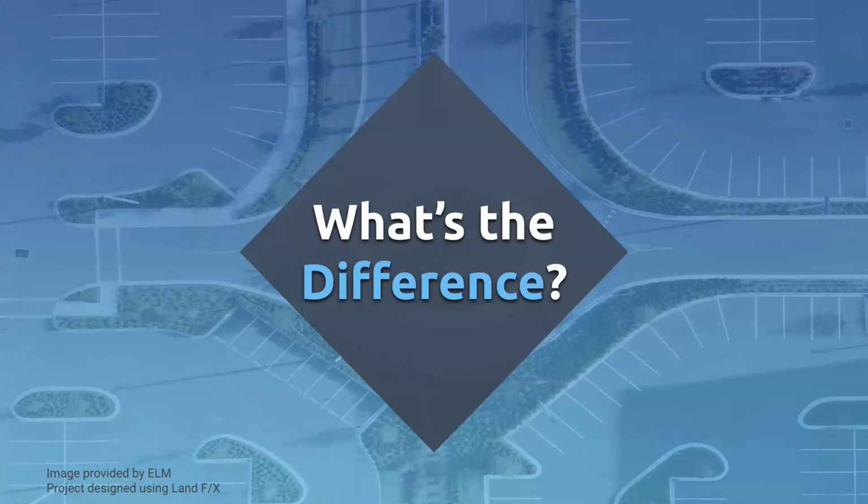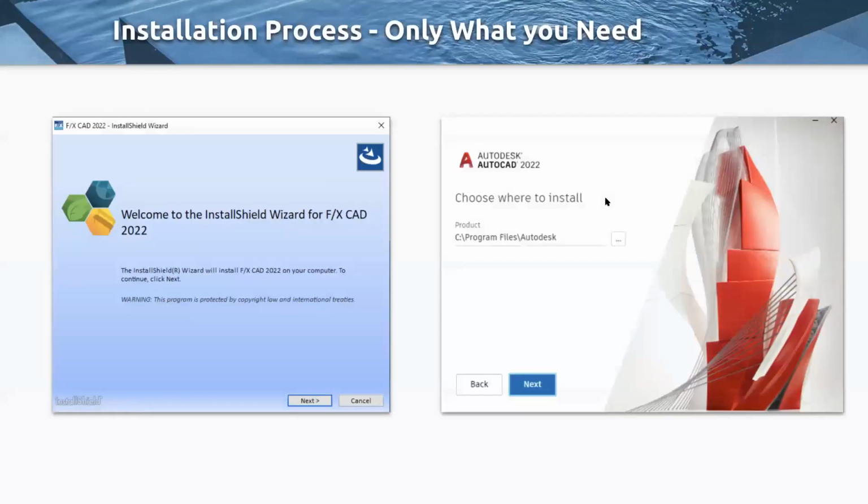Okay, so let's go on to a few more of the differences, starting with the installation process. We make sure to not just strip down the actual interface to what you need, but also the installation of FXCAD. So I'm going through a little storyboard here between the two installations.